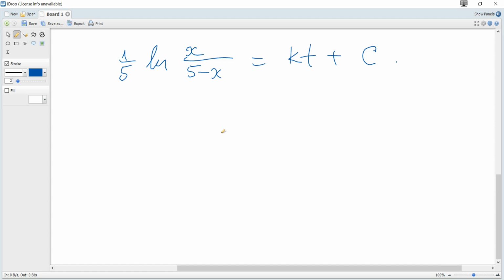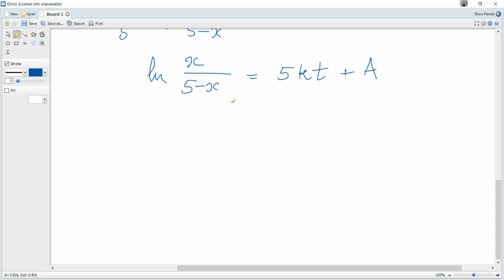Let's multiply everything by 5. So it's ln of x over 5 minus x is 5kt plus 5 times the constant, it's another constant. You may write just the same c, it doesn't matter, or let it be a.